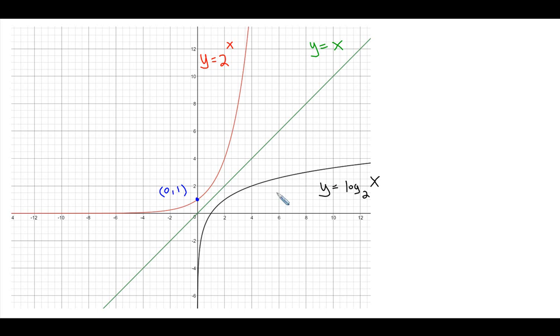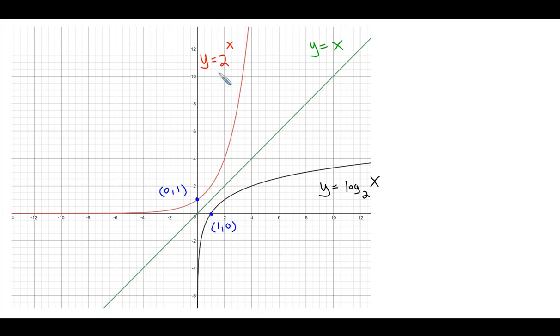So you notice this log function crosses through the point 1, 0. That's what happens when two functions are inverses of each other. So the basic log function is always going to cross through the point 1, 0.